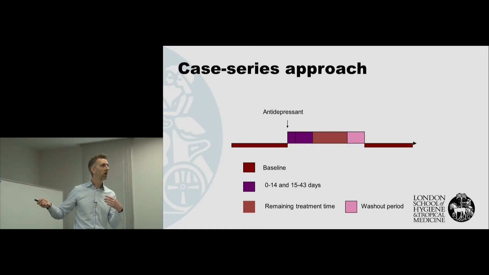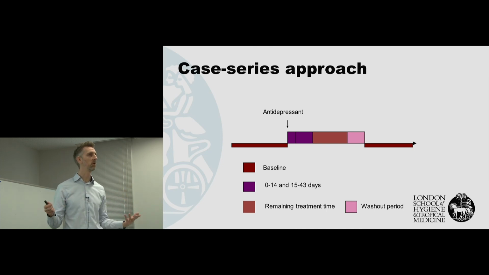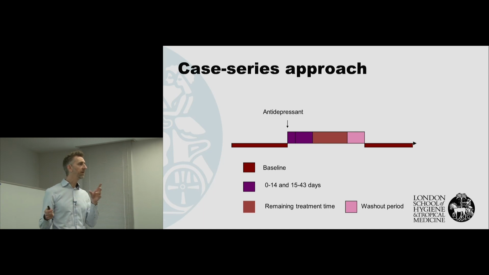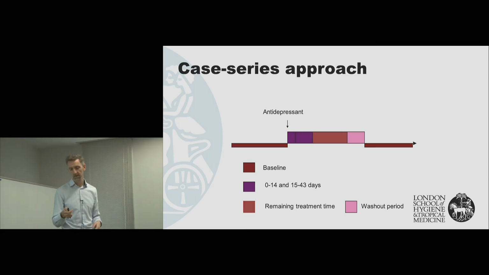Yeah? And we'll come back to this later, but keep this in mind. The reason that this is a strong design is because lots of things that differ between people will not differ within a person over the observation period. Some things will, and it's really important that we think about those. Okay.